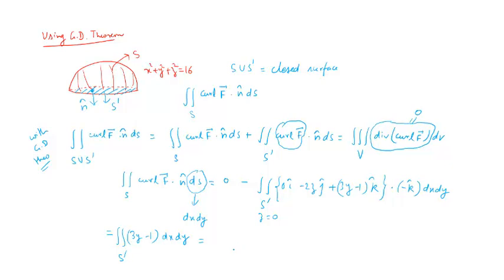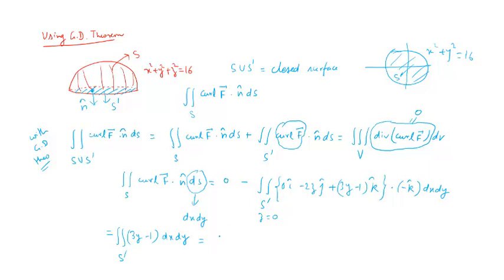S dash is nothing but the interior of the circle x square plus y square is equal to 16. So the limit of y will be under root 16 minus x square, and the limit of x will be from minus 4 to plus 4.